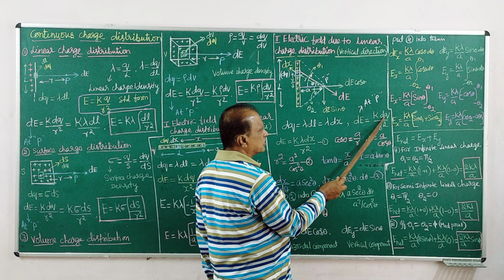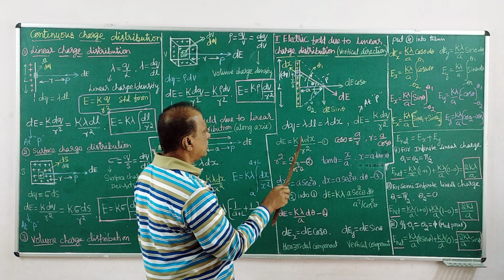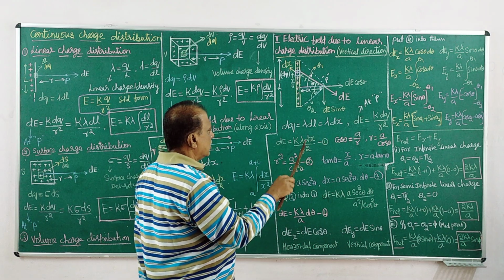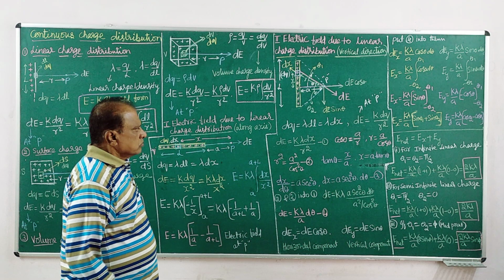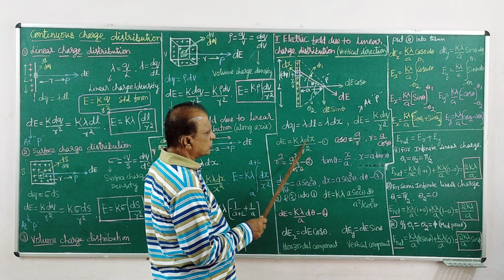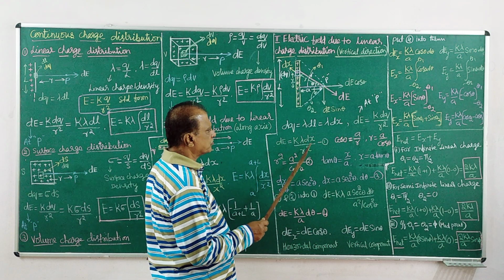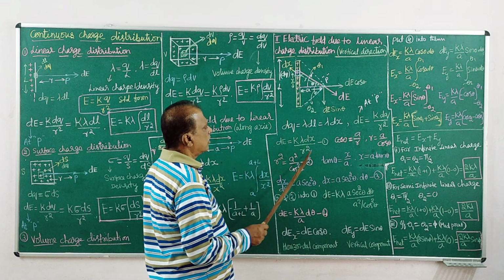Rewrite this in terms of the linear charge density, lambda dx, similar to the previous one. This is dE in terms of the length parameters, dx and r.